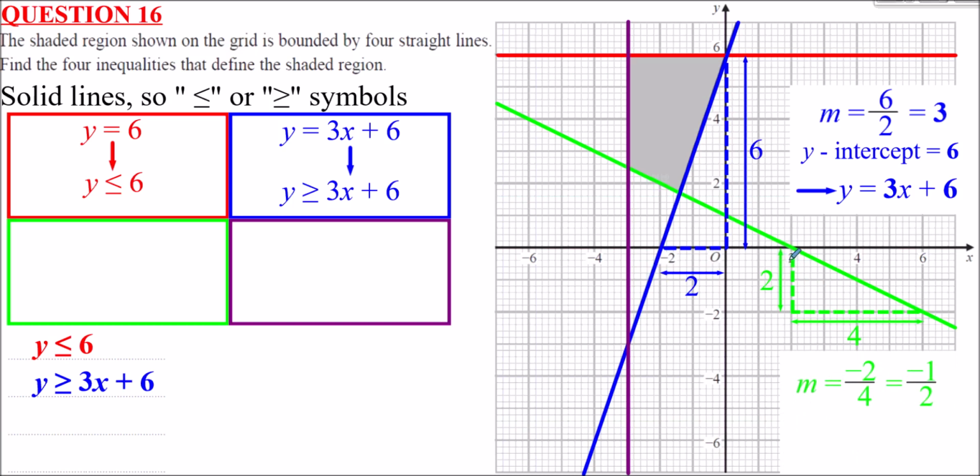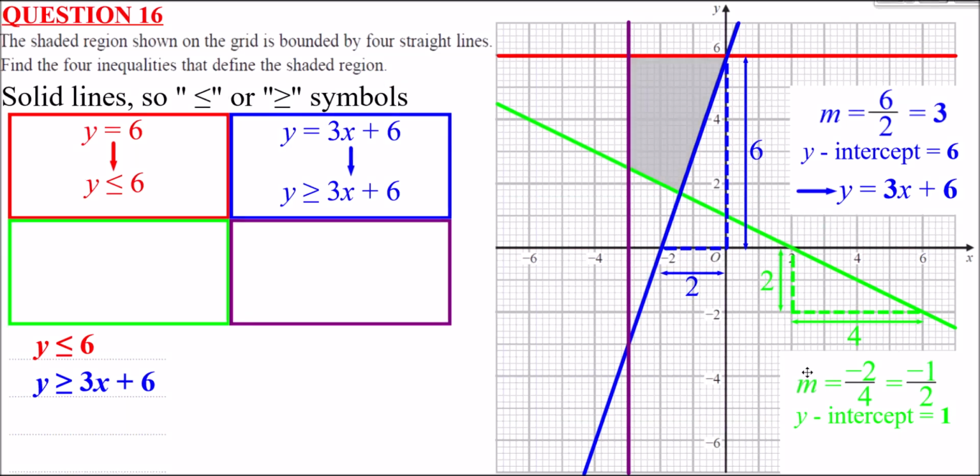Because we're going 2 down and 4 along, the gradient's minus 2 divided by 4, which is minus a half. The line is sloping downwards. The y-axis intercept is between 0 and 2. In other words, the y-intercept is 1. Putting these 2 pieces together, the equation of this green line is y equals minus a half of x plus 1.